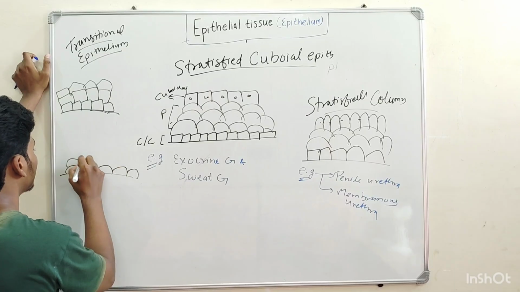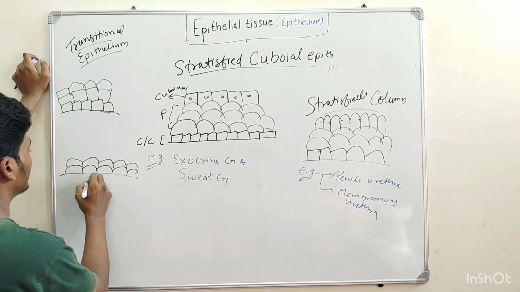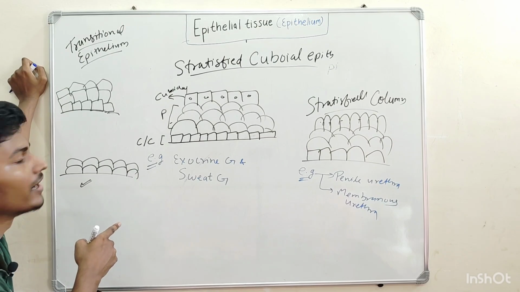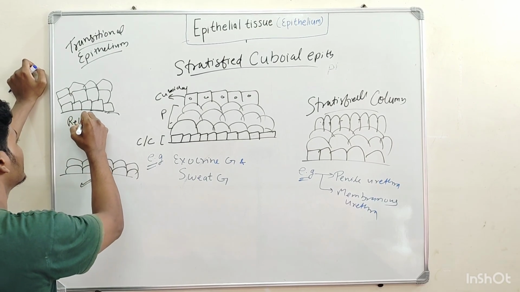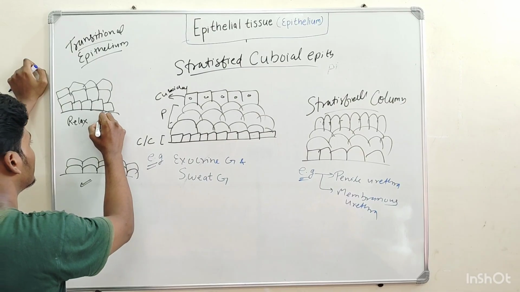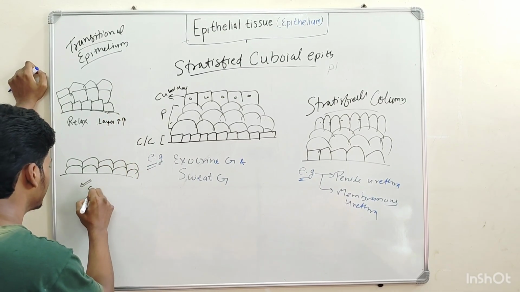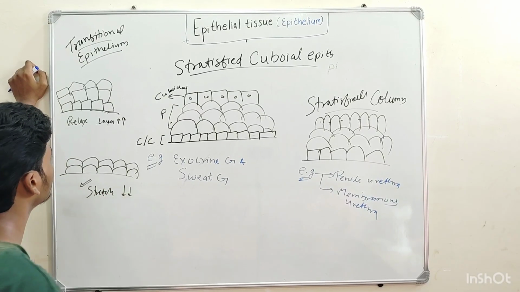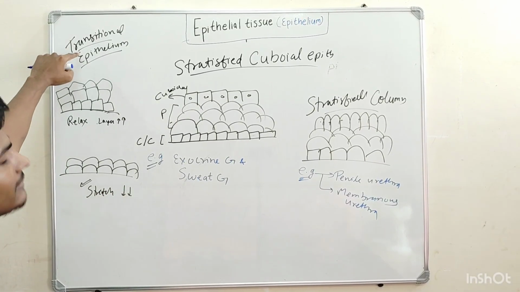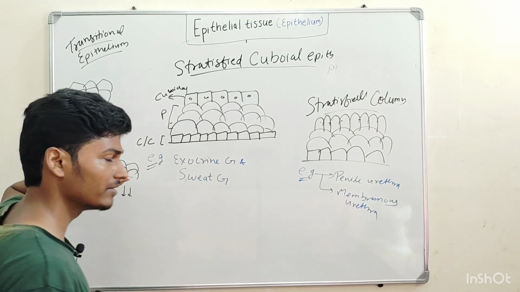When it stretches, the layers decrease, as you can see here, and when it is in a relaxed position, the layers increase. This is the important feature of transitional epithelium.